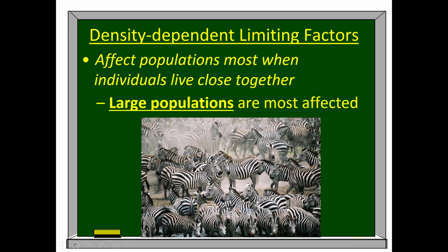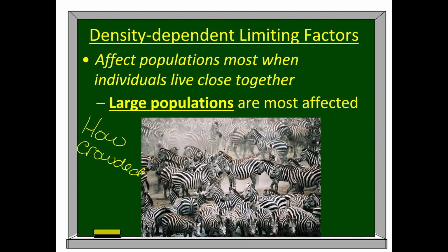So first off, a density-dependent limiting factor is one that affects the population most when individuals live really close together. Whenever you think of the word dependent, that just means it relies on something. So if it's density-dependent, it's a factor that relies on the density, or how crowded that population is.